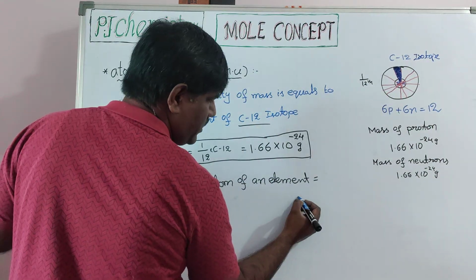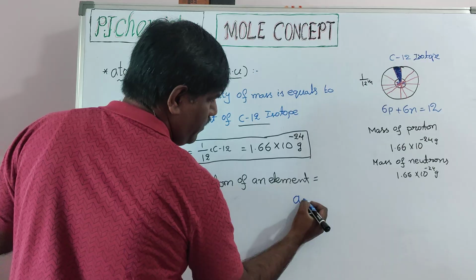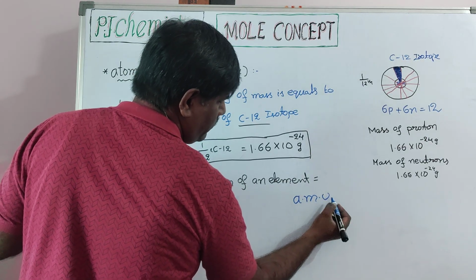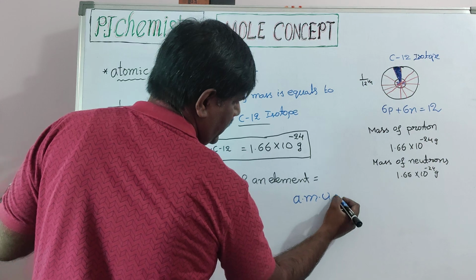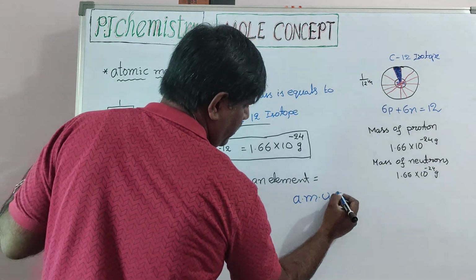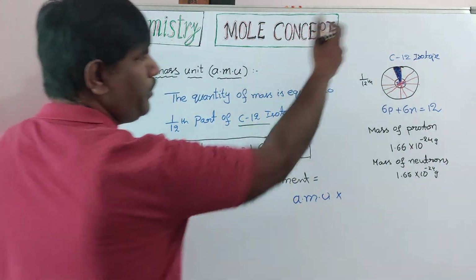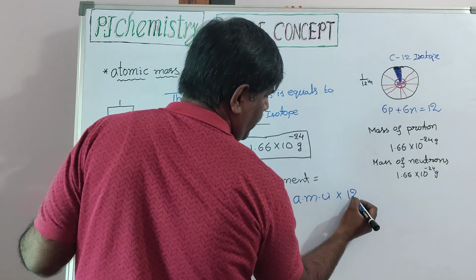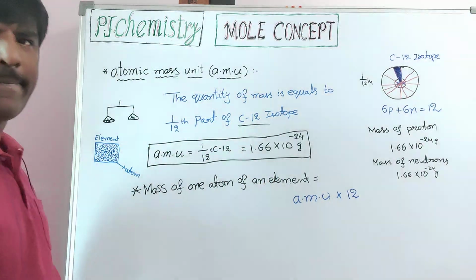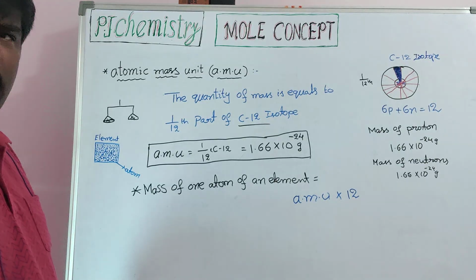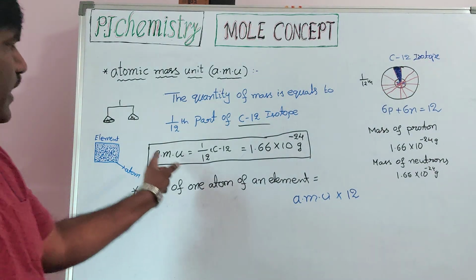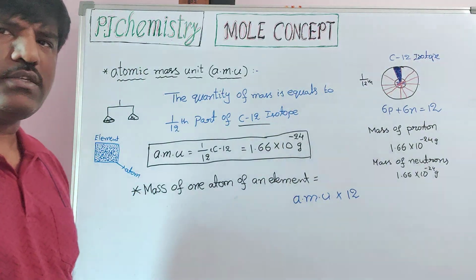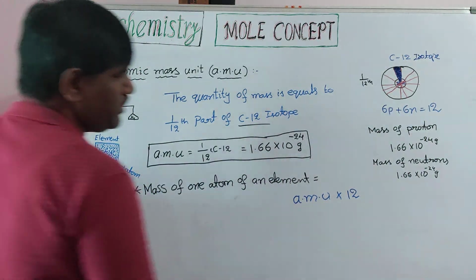So first, simply I'm giving the formula: AMU into how many parts we divided the particular element, 12 parts. AMU into 12 parts. 1 AMU is equal to 1.66 into 10 to the power of minus 24.